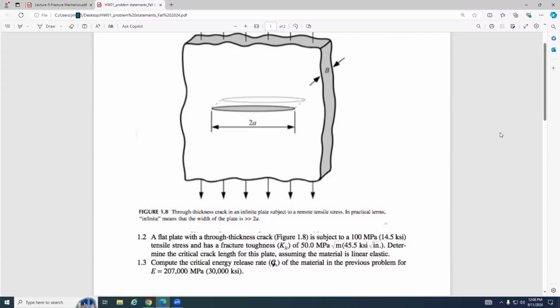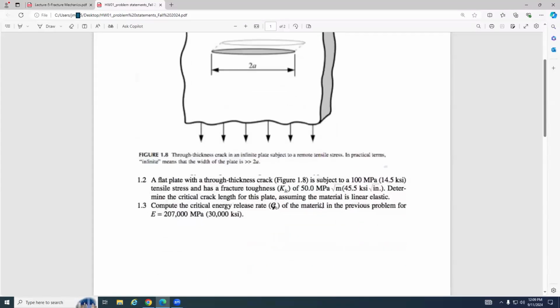And second problem, compute the critical energy release rate GC of this material. This time Young's modulus is given. For this one, we have the equation G equals KI squared divided by Young's modulus.